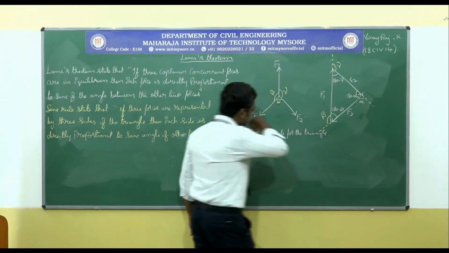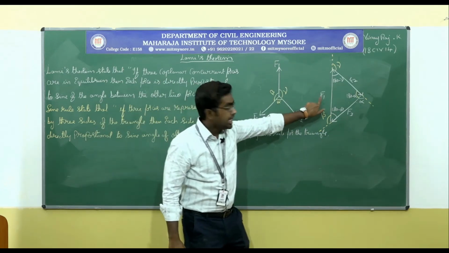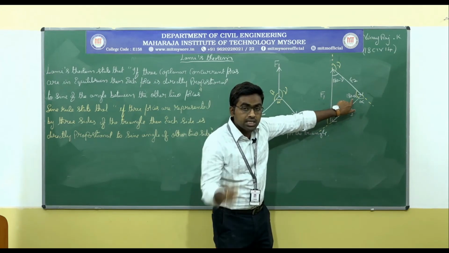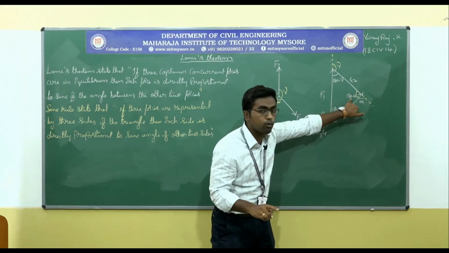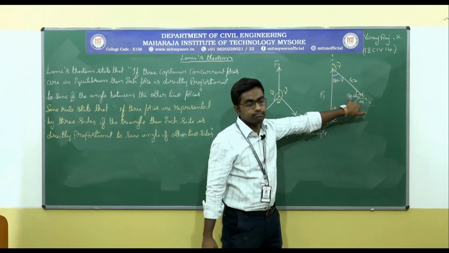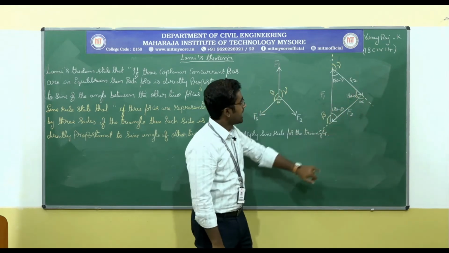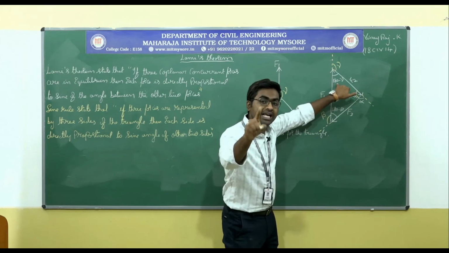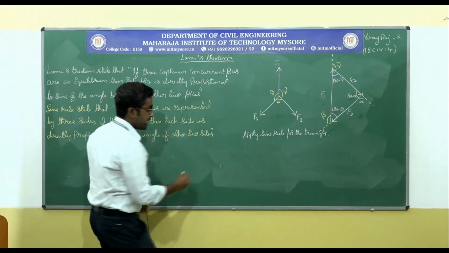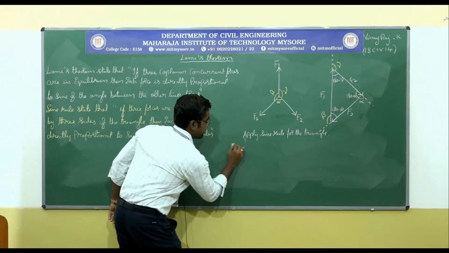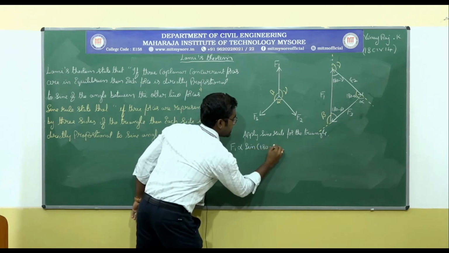When I apply the sine rule for the triangle, it states that each side is directly proportional to the sine of the angle between the other two forces. That means F1 should be proportional to sine of this angle. F2 should be proportional to sine of this angle. F3 should be proportional to sine of this angle. That's what I am going to write here. That means here F1 is proportional to sine of 180 minus alpha.